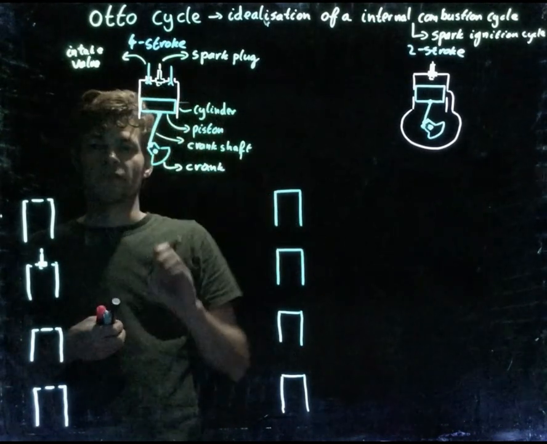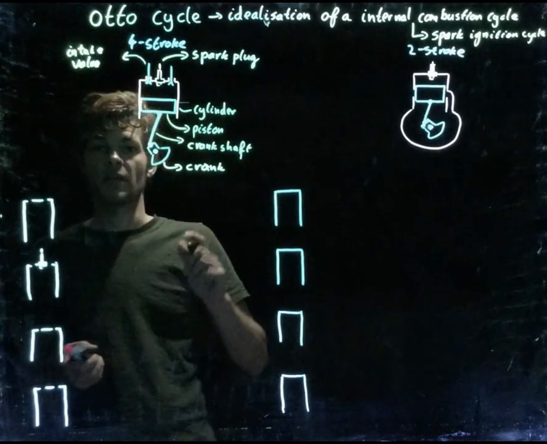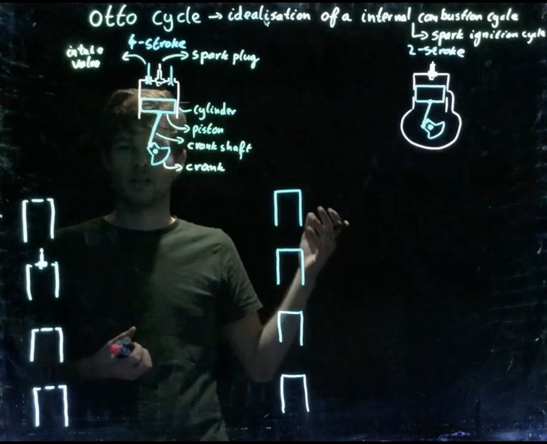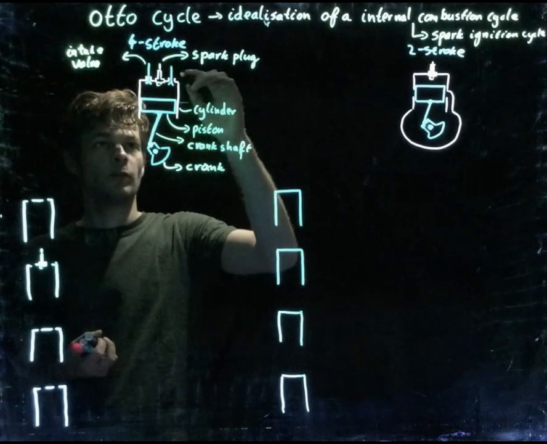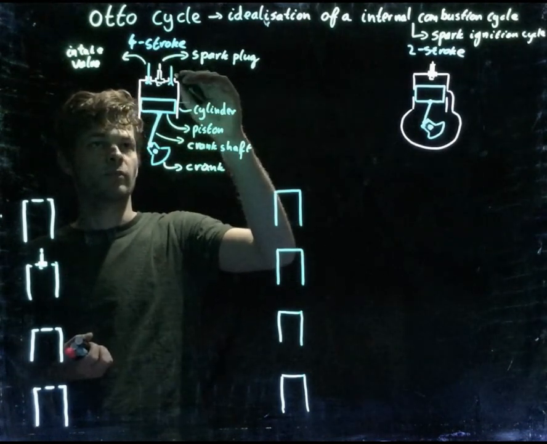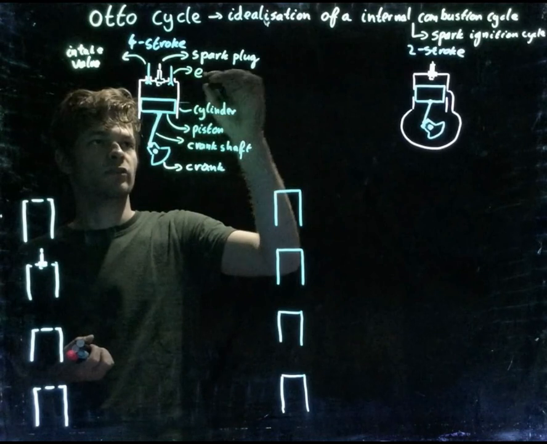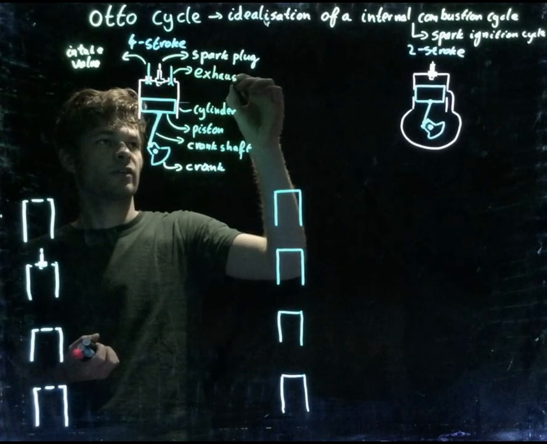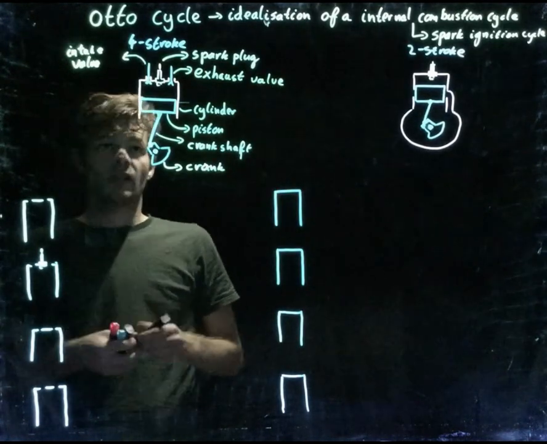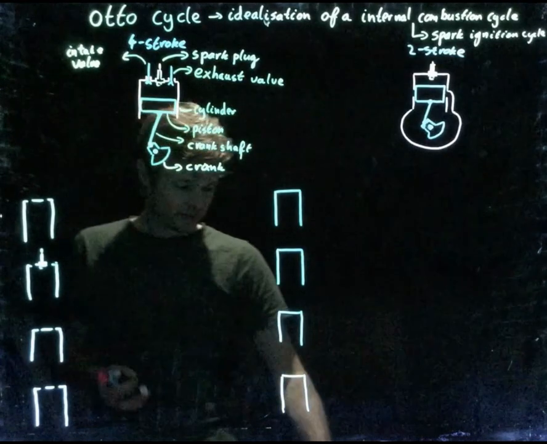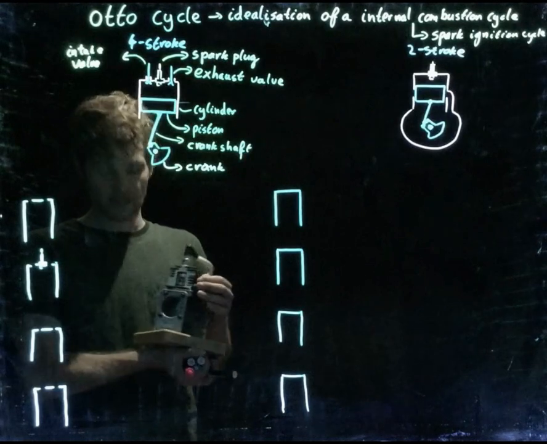The spark plug will give a spark, the mixture will combust, which causes an increase of pressure, which will get the piston to move down. And when this has happened, there are burning gases, exhaust gases, and they go out through this gate, the exhaust valve. So these are basically the technical items of my Otto cycle, of my gasoline engine.